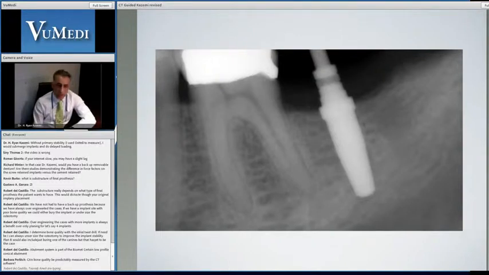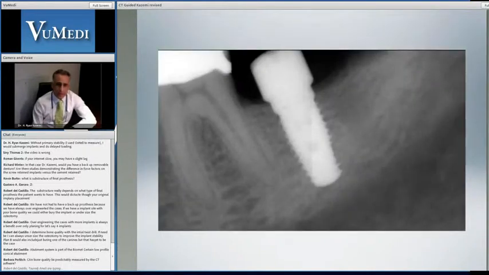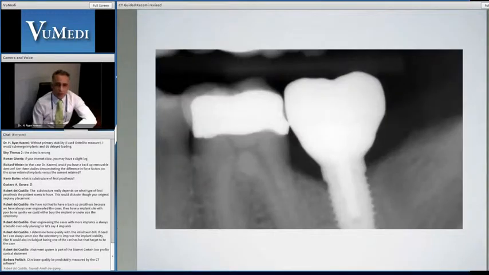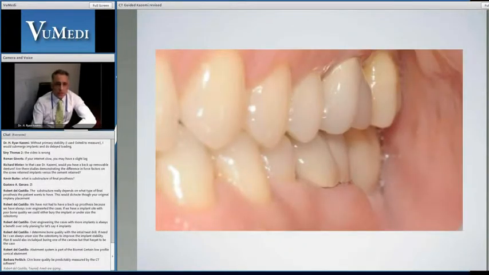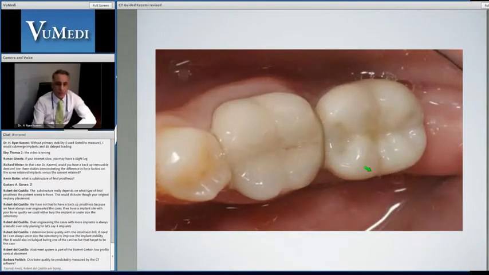So here's the guiding pin in place and the implant in position. This was allowed to integrate for about 3 months, ultimately restored with customized abutments and a crown, and we can see the second molar restored, number 18. Here's another view, and again the corrected customized abutments with the proper alignment of the crown.